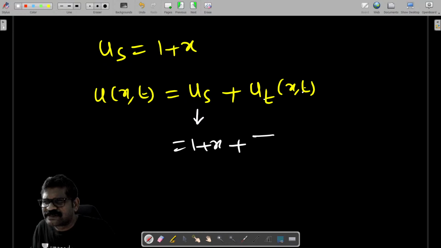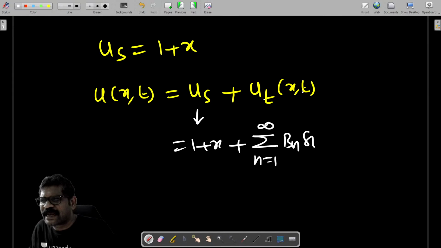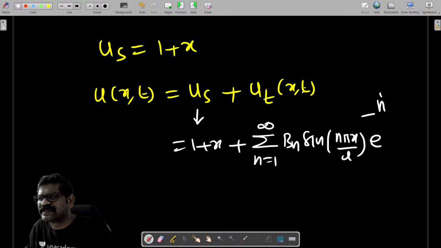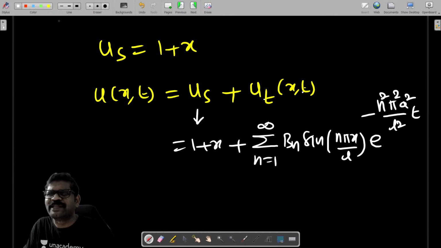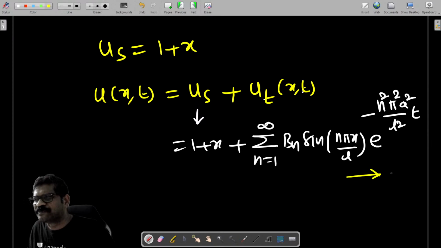Observe: sigma n = 1 to infinity, bn sin(n pi x / l) e^(-n² pi² a² t / l²). By the method of separation of variables, we are going to get this solution.